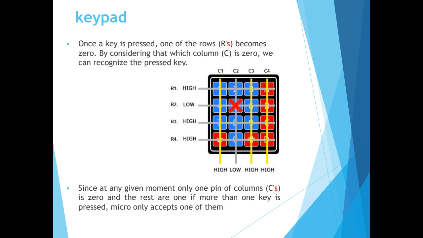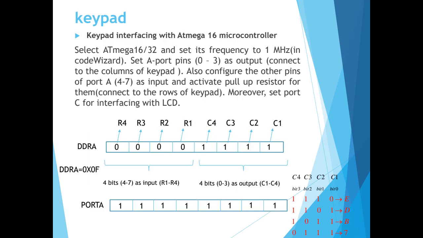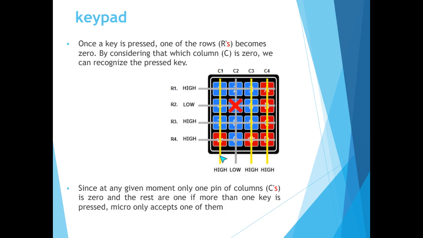We configure the first 4 bits of port A as output, and we connect them to the columns of the keypad, and the 4 other pins of port A are configured as input with the pull-up resistor activated, and connected to the rows of the keypad.